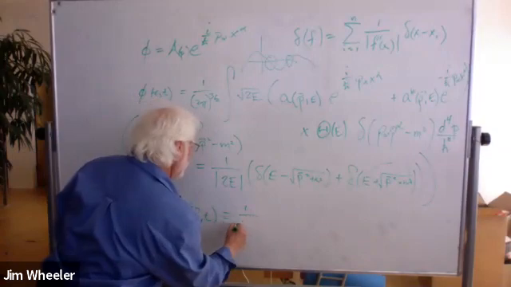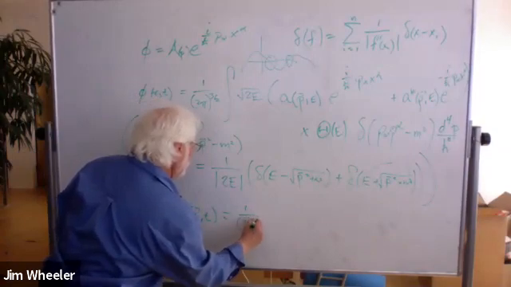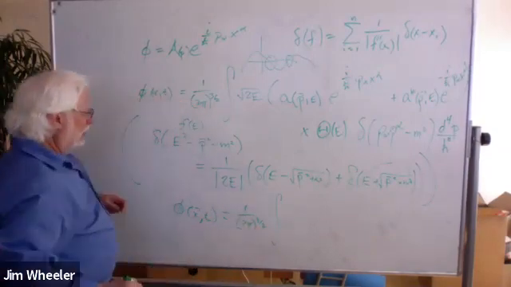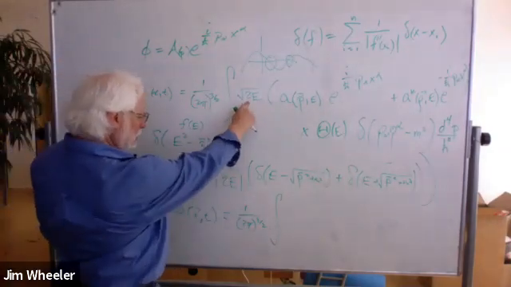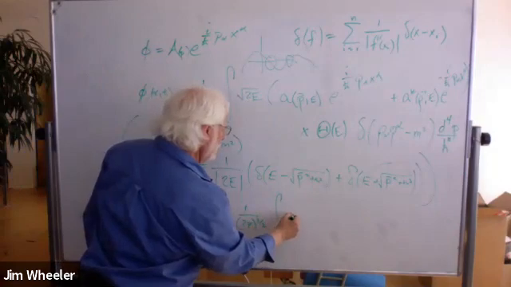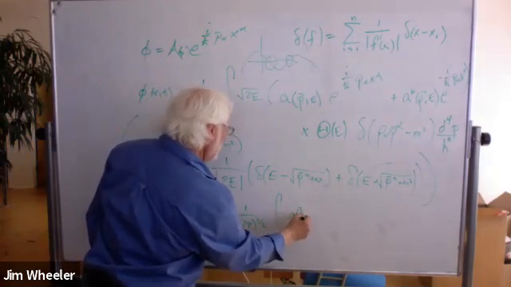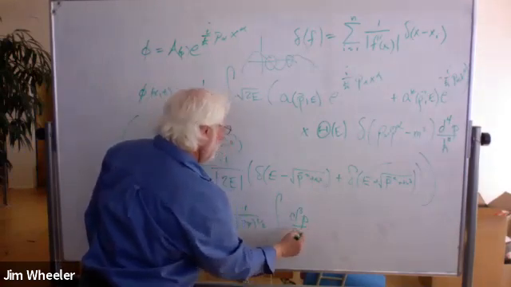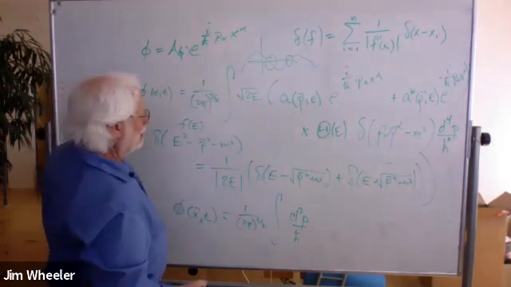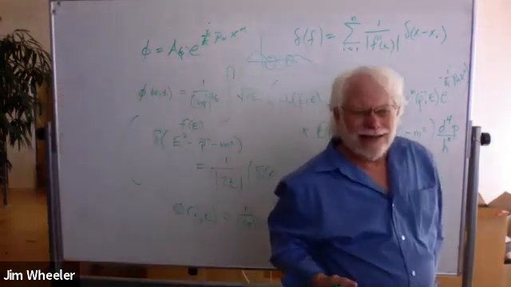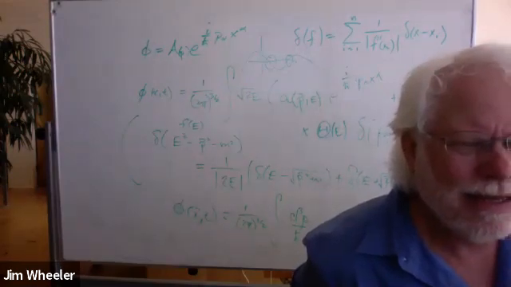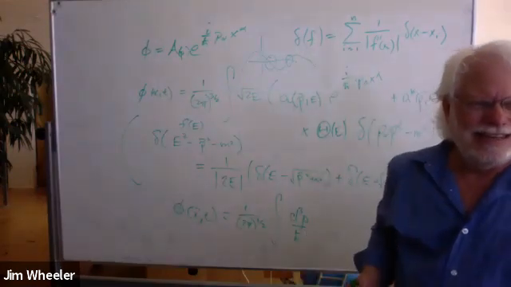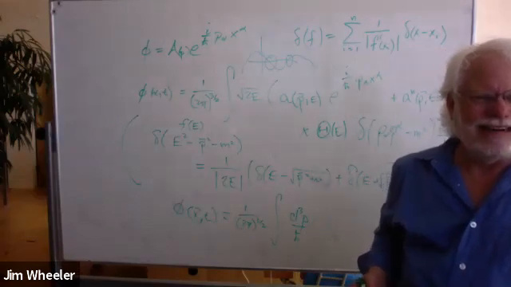So this is all an aside, and I find phi of x and t equal to 1 over 2 pi to the 3/2. And now I see why I've chosen these various normalizations. This becomes just 2e, so I'm going to have d3p over h bar. How many h bars do I have? Yeah, all right.